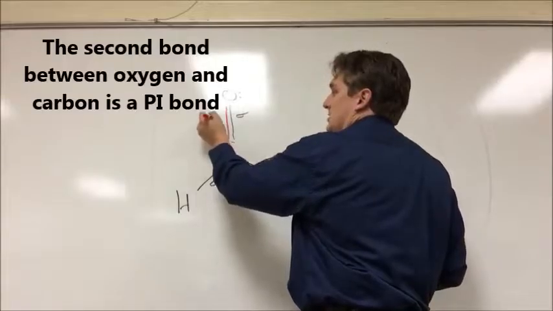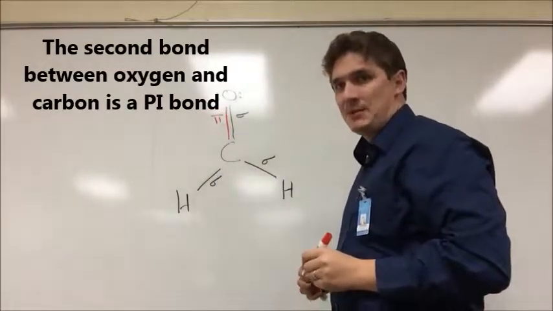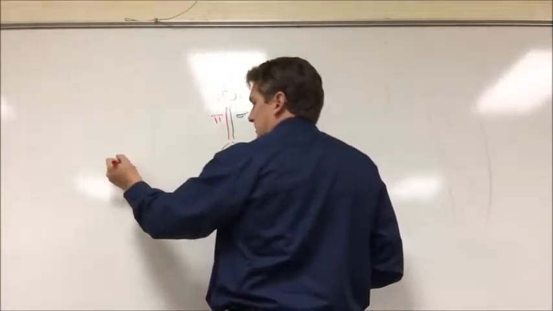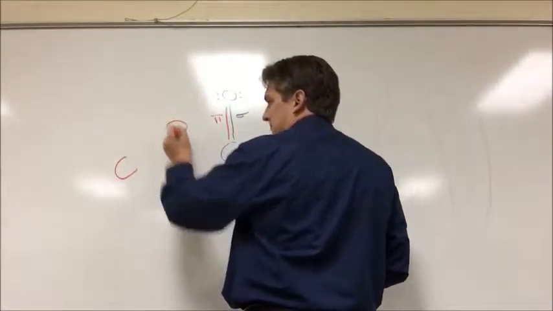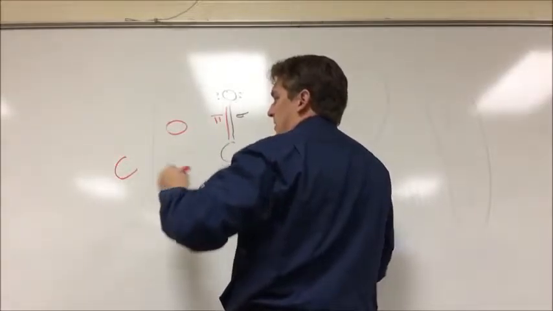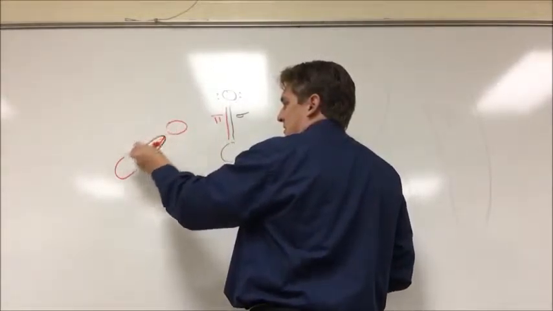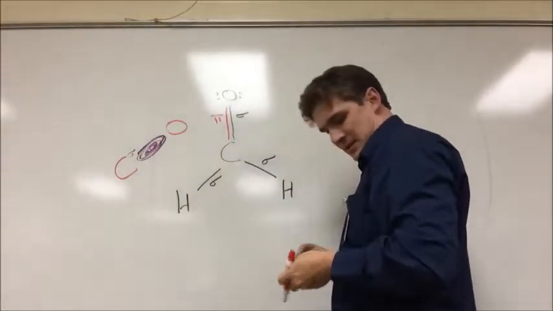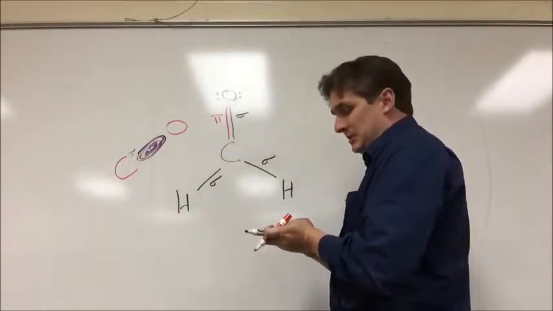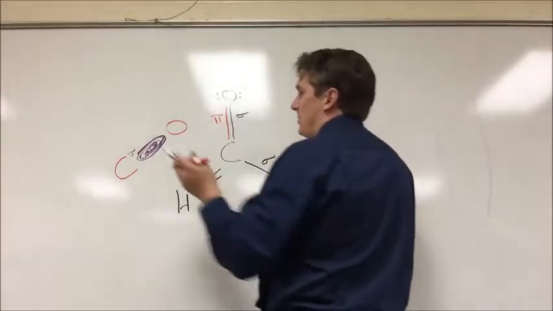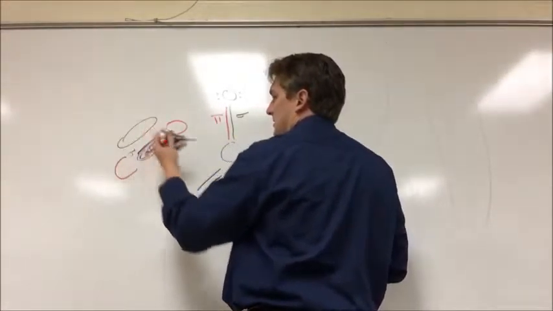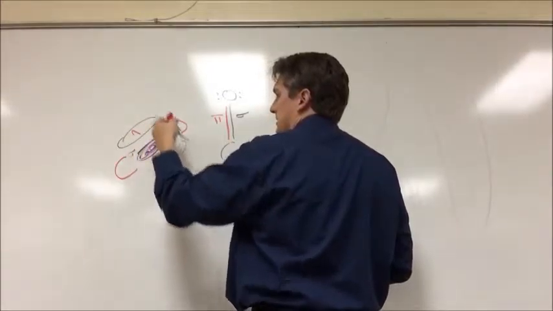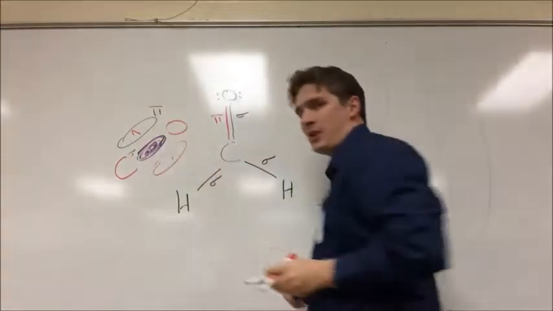But this second bond is going to be called a pi bond. If we look at this spatially, at the carbon and the oxygen, our first bond, our sigma bond, has all the electron density between the two. But our pi bond is going to have electrons above and below the initial sigma bond. And this is our pi bond.